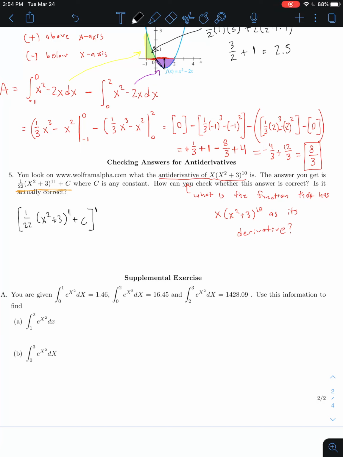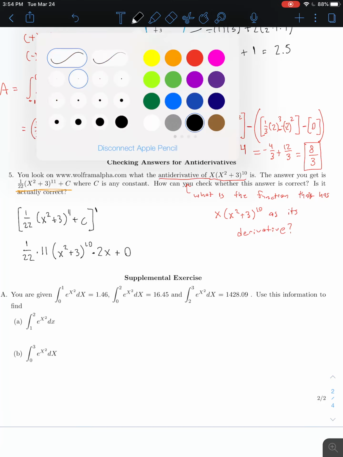First, the 1/22 is going to come down. For the (x squared plus 3) to the 11th, we need the chain rule. So we're going to have 11 times (x squared plus 3) to the 10th times the derivative of x squared plus 3, which is 2x. And the derivative of c, since c is a constant, is just going to be 0.